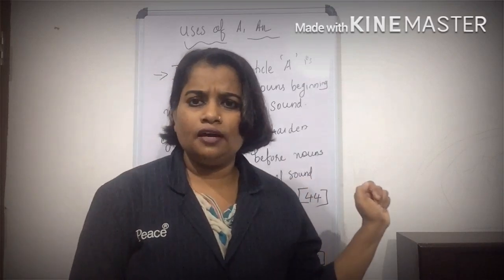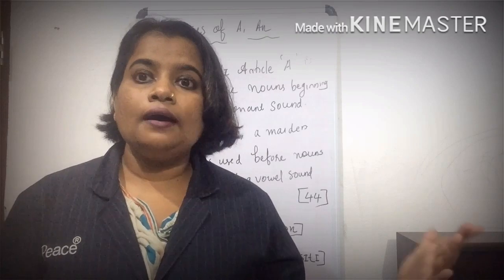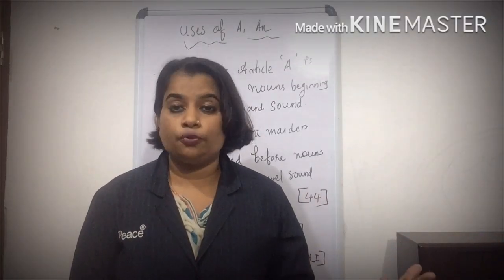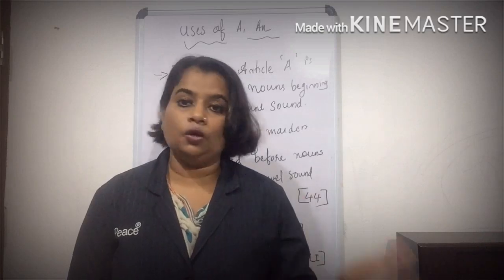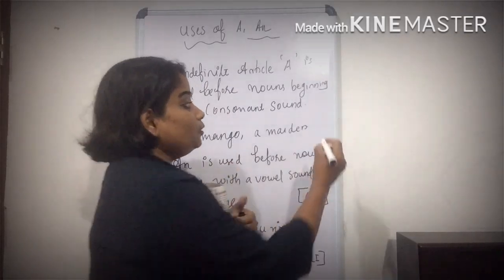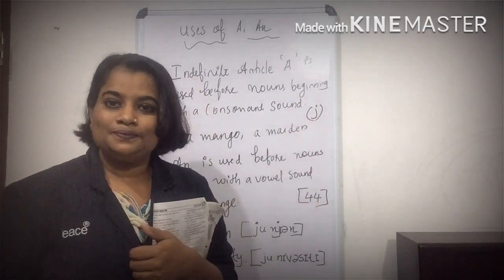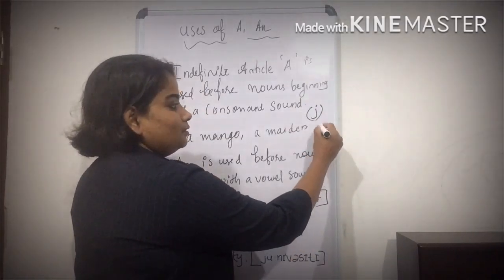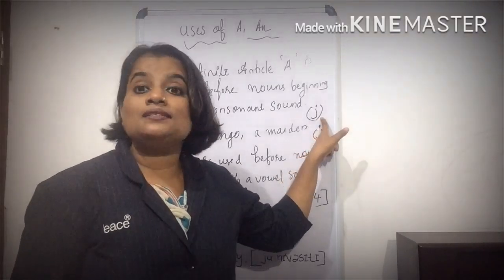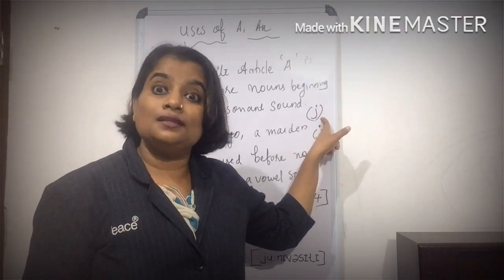But most probably you will have the doubt: ma'am, then why can't we use an university, an union, an European? We cannot, because of the phonetic alphabet. The sound of the letter is pronounced as Y, so it is a consonant sound.